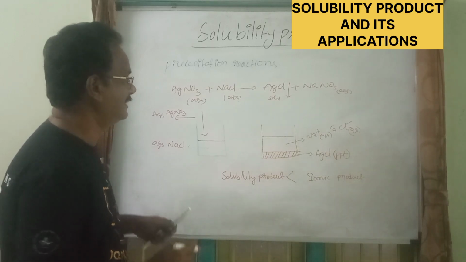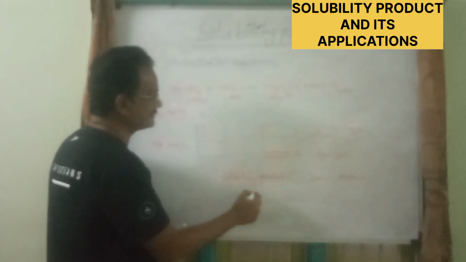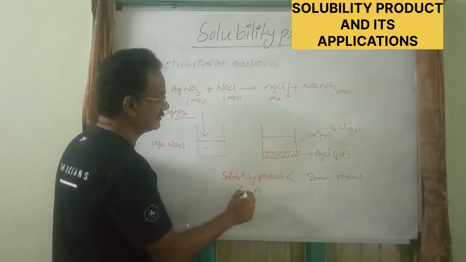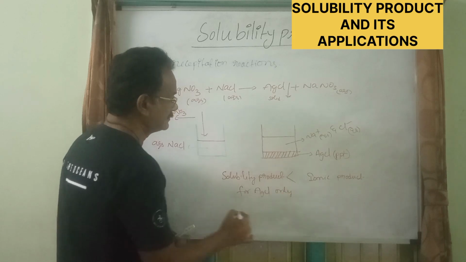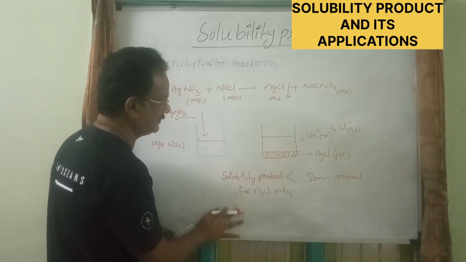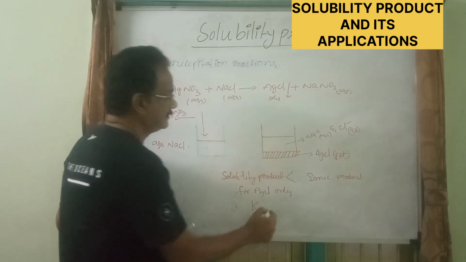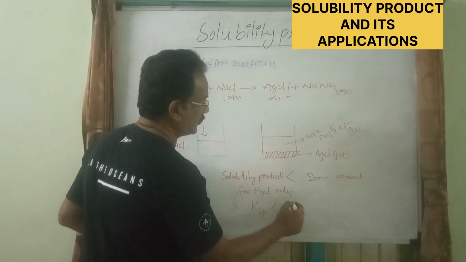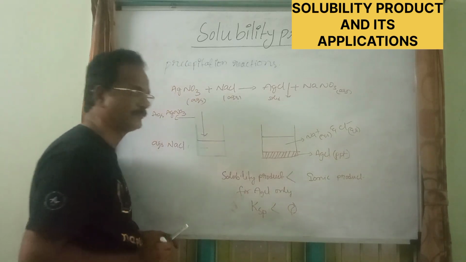So let us see here, among all these compounds, for AgCl only, solubility product, which we can denote as KSP, is less than ionic product. Here ionic product can be represented as Q.